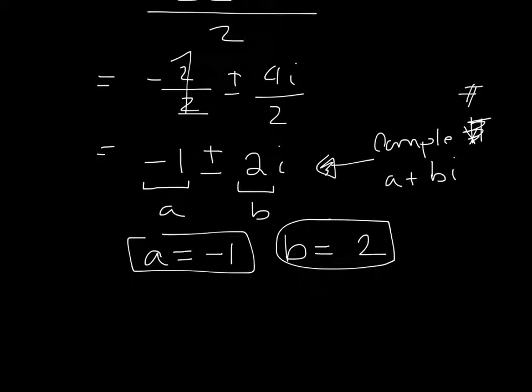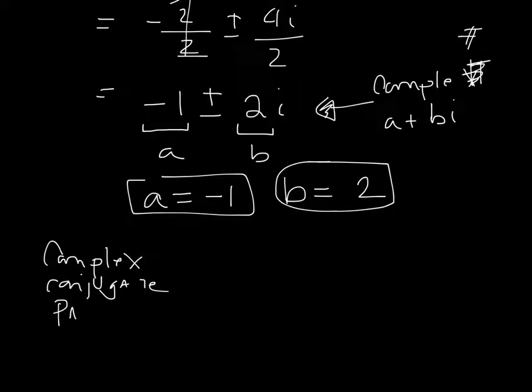Okay, so now we have our 3 roots, right? Here are our complex conjugate pairs. That's what we call them in algebra. One of them is negative 1 plus 2i, the other one is negative 1 minus 2i.